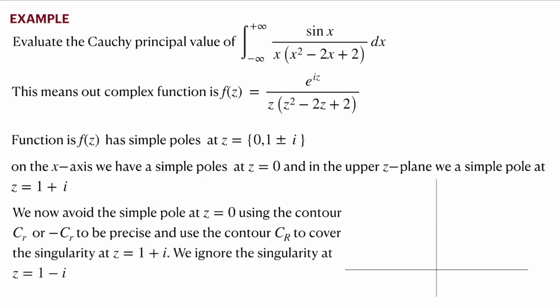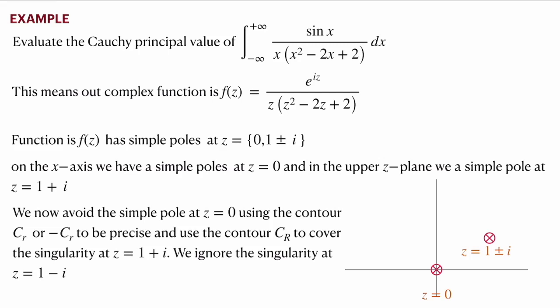Let's look at the figure. Here we avoid the singularity at z is equal to 0 using the indented contour C r. We have a simple pole at z is equal to 0 and one more singularity in the upper half plane, at z is equal to 1 plus i. 1 minus i is not in the upper half plane, so only 1 plus i is what we need.